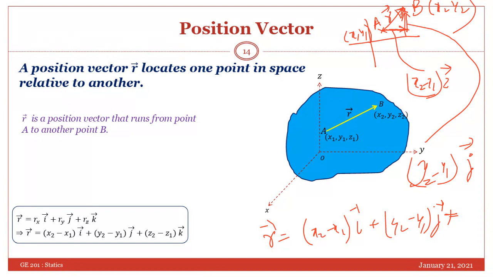So that will also be added here if the problem is three-dimensional, in open space. Okay, so you will get this expression: vector R is equal to (x2 minus x1)i plus (y2 minus y1)j plus (z2 minus z1)k. Okay, so this is the position vector.